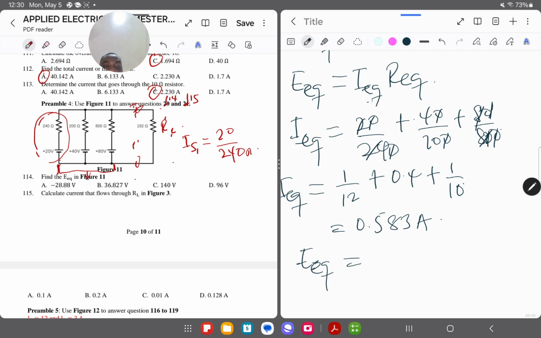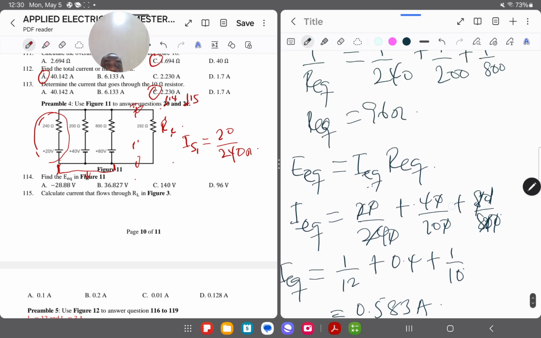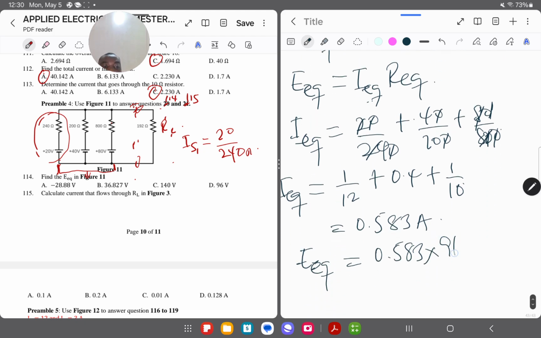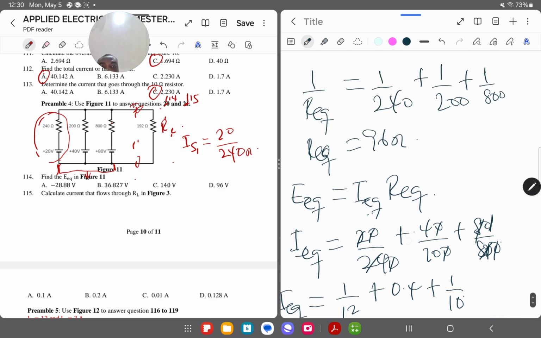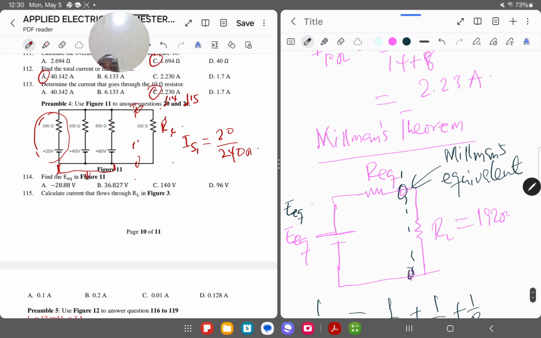This is going to be the equivalent current, which is 0.583, times the equivalent resistance, which was 96. So we get this to be 56 volts.